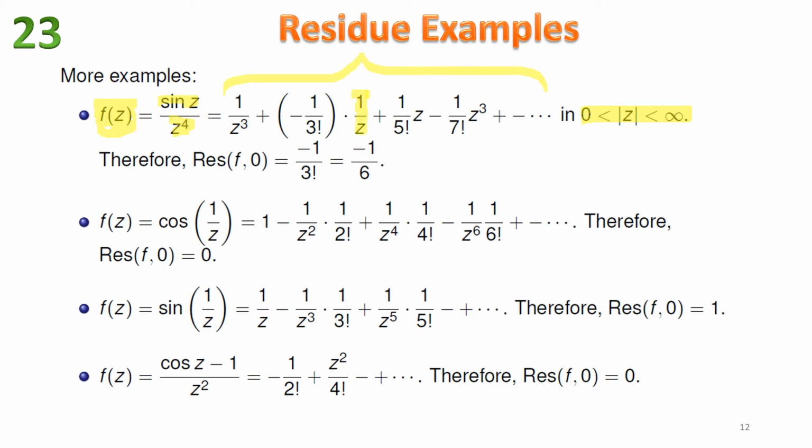So this is the place where it has singularity, and this singularity is pertaining to the first term of the ak coefficient, and therefore the ak coefficient is minus 1 upon 3 factorial. So this is the parameter a minus 1, ak where k is equal to minus 1. So that is minus 1 upon 3 factorial. It turns out to be minus 1 by 6.